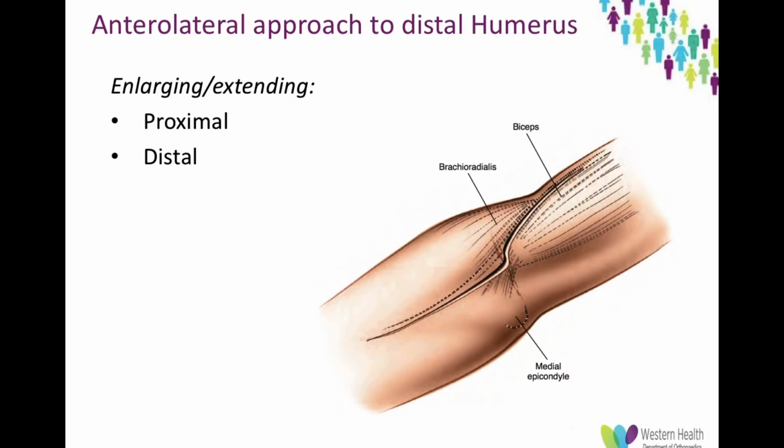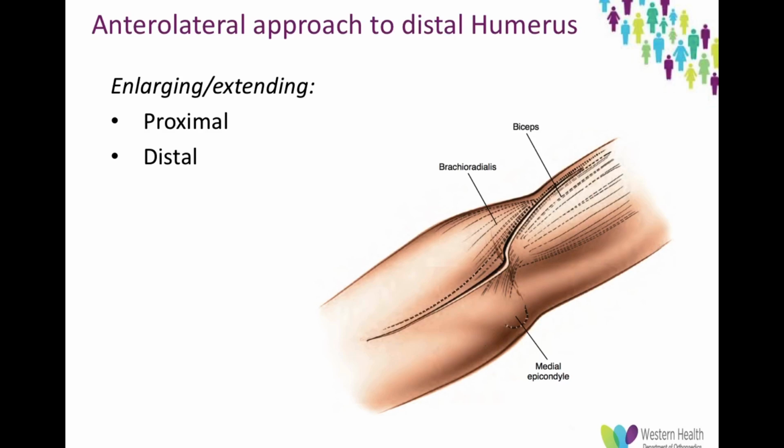Interestingly, you can extend this approach distally and proximally, which can be quite useful for access to the elbow. So proximally, by developing a plane between brachialis medially and the lateral head of triceps posterolaterally. You do have to be careful proximally with your dissection of the radial nerve if you're drifting posterolaterally.